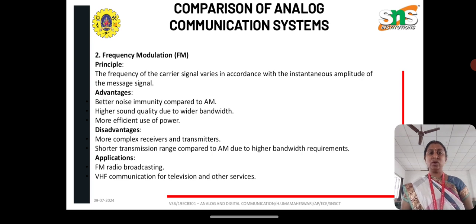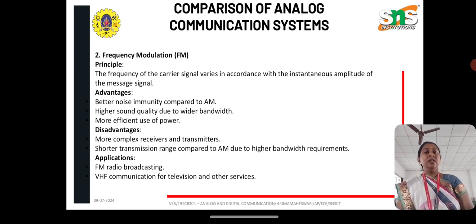The main disadvantage is that it is more complex in terms of receivers and transmitters, and the transmission range is very short. The main application of FM is, as compared to AM, FM radio broadcasting and very high frequency communication for television and other services.